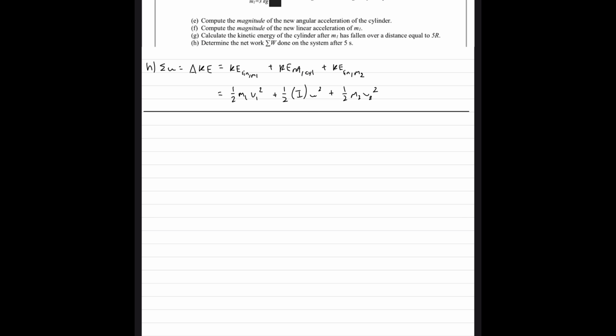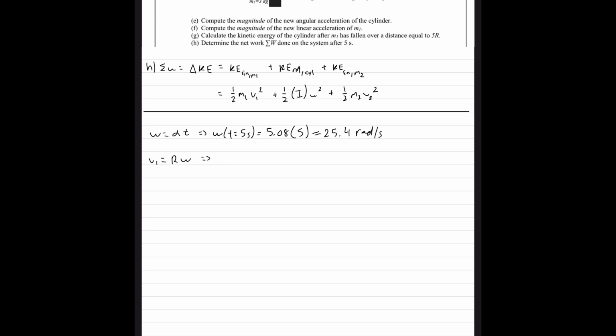So we know that omega is equal to alpha t. So omega at t equals 5 seconds is equal to, earlier we found alpha to be 5.08 times 5, which is about 25.4 rad per second, right? And then V1 is equal to capital R, right? We'll look at M1 and omega. They should all have the same omega.